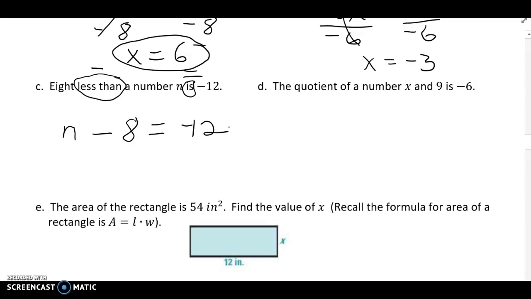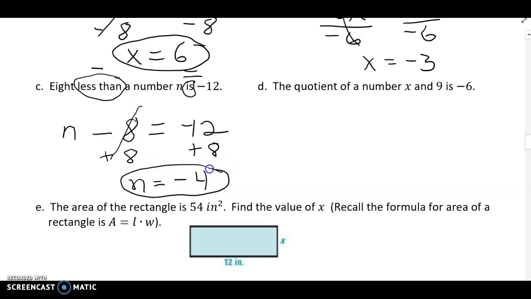We're going to undo the operation, so we're going to do the inverse. And we get n is equal to negative 4.